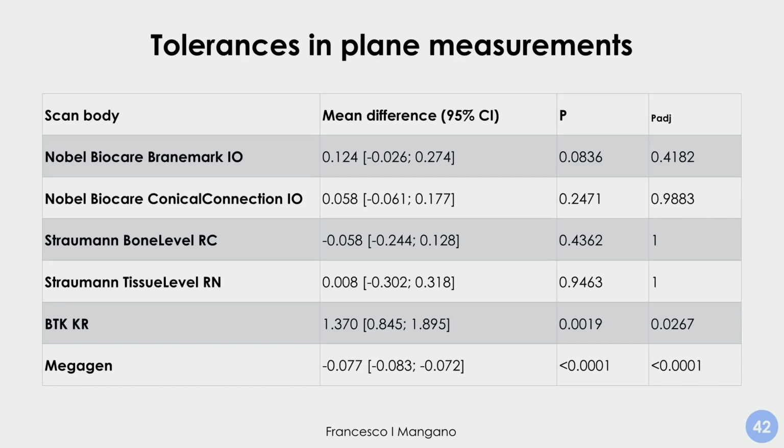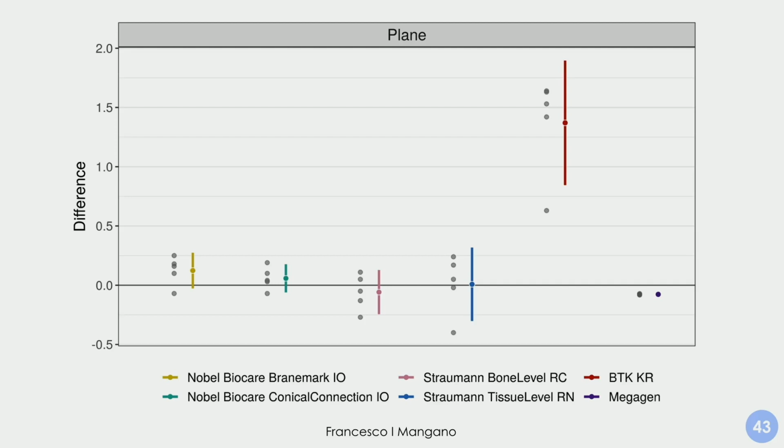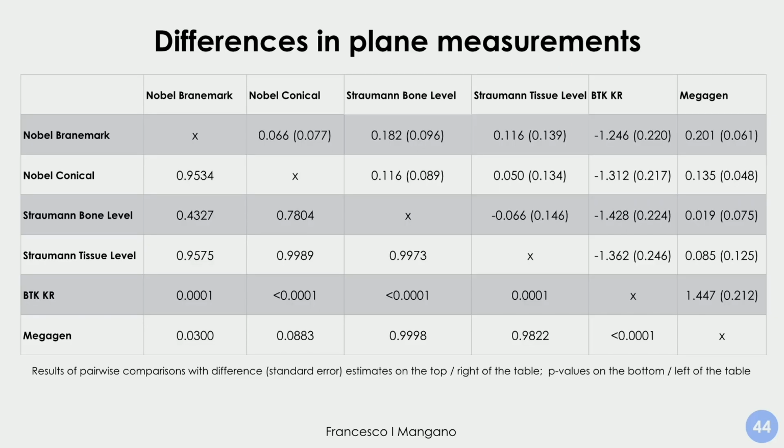And I would say that there are distances, of course, between the different pieces, and also the repeatability is not as high as in the previous measurement, but anyway we have more or less stable results for most of the scan bodies. For the MegaGen, it was not possible to calculate the plane measurement because we didn't have a plane, but anyway we calculated the distance and the differences between two different points of the top of the scan body, and as you can see, the result was very good also in this case.